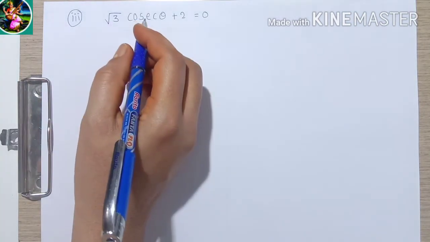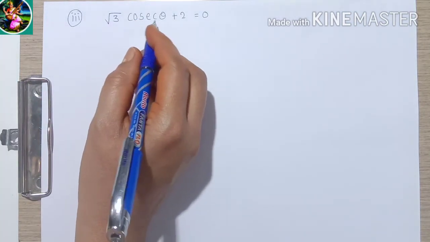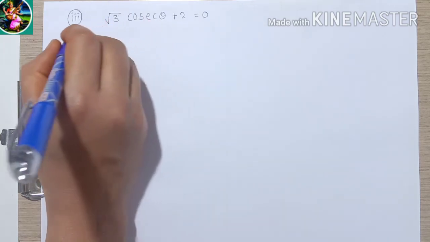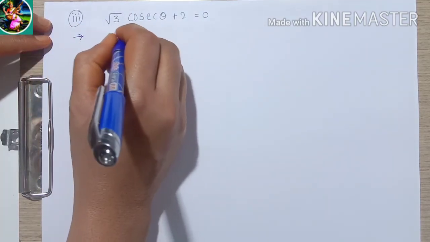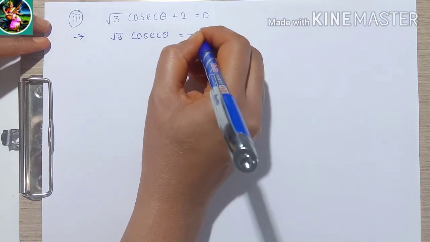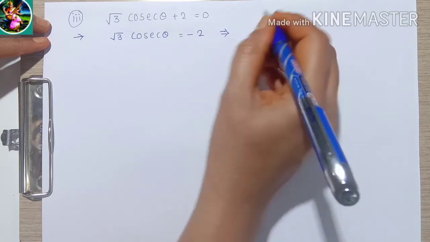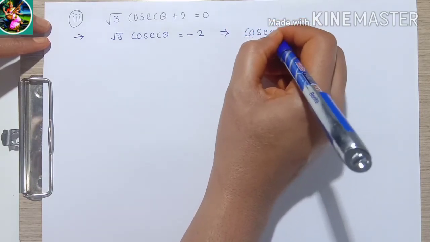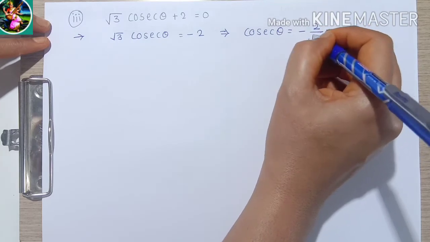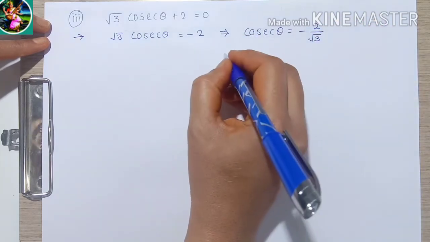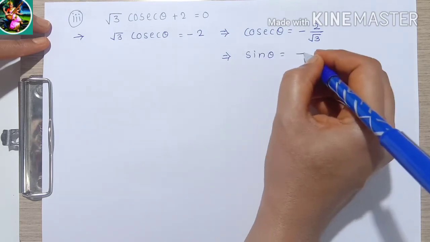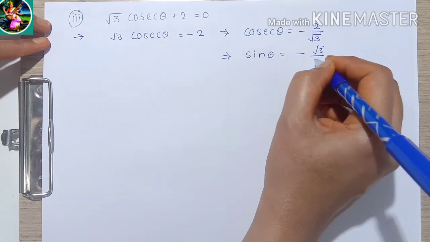Next example is root 3 cosec theta plus 2 is equal to 0. Therefore root 3 cosec theta is equal to minus 2. That gives cosec theta is equal to minus 2 divided by root 3, that is sin theta is equal to minus root 3 divided by 2.